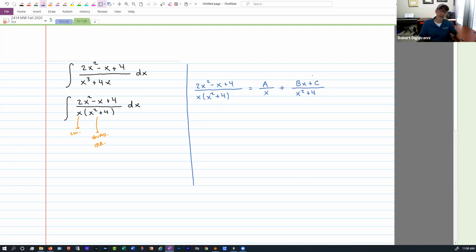All right, now, last time we talked about the short method and the long method. So let's see what happens here. I'm going to clear the fractions first, so I'm going to multiply both sides by this denominator. That'll clear this out, and then I have to do it over here.